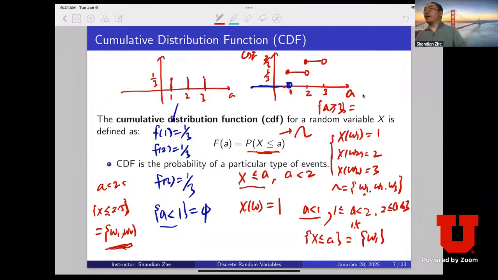Yeah, all of them, right? All omega 1, omega 2, and omega 3. Why? Because if you look at the random variable value at all those omegas, they're all less than or equal to 3, right? And then what is the probability for this event?